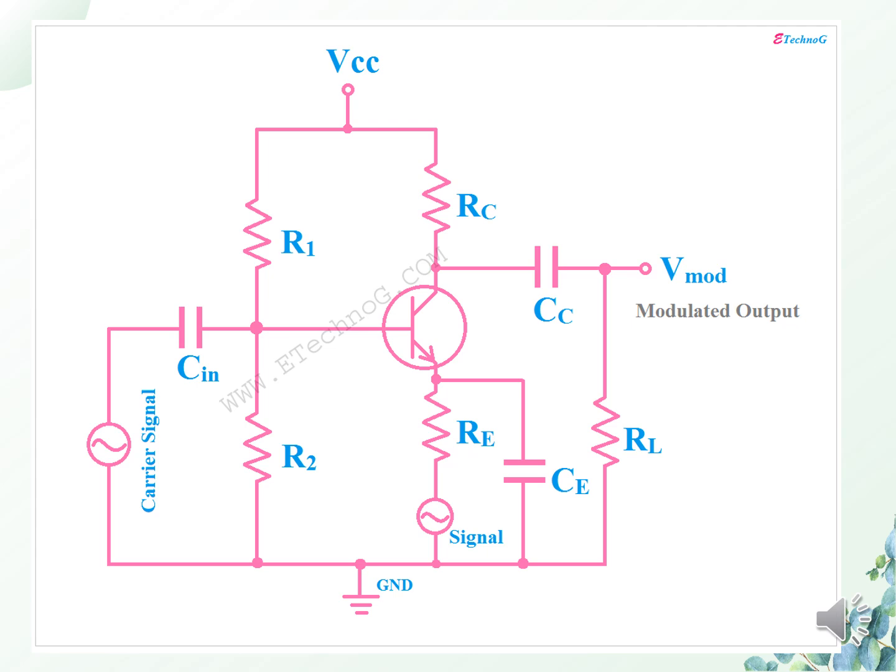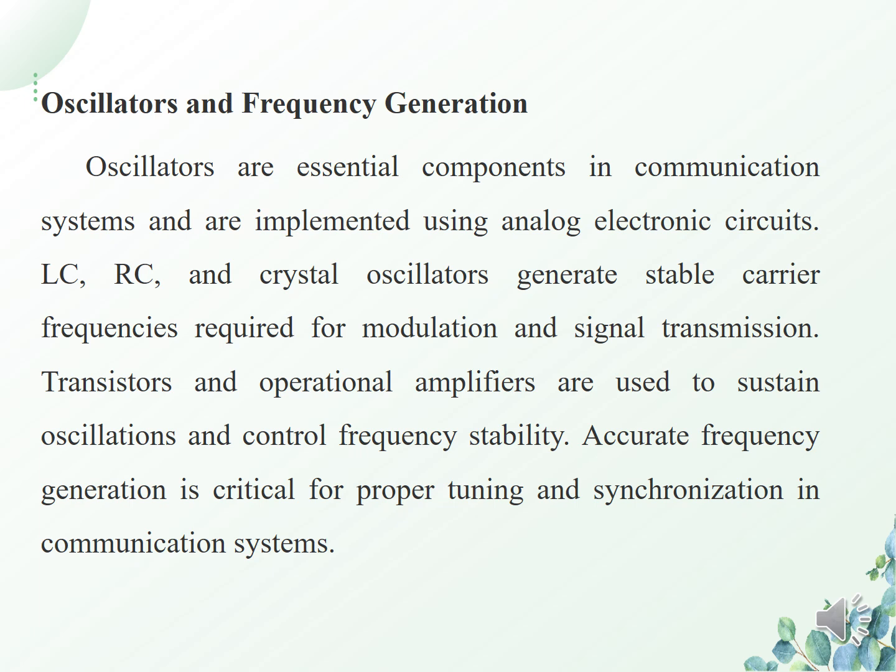So this circuit shows a simple modulator. Just consider the base is given the carrier signal and the message signal is given on the emitter terminal. The transistor multiplies these two signals, that is the carrier and the message signal, and we will get the modulated signal at the collector.